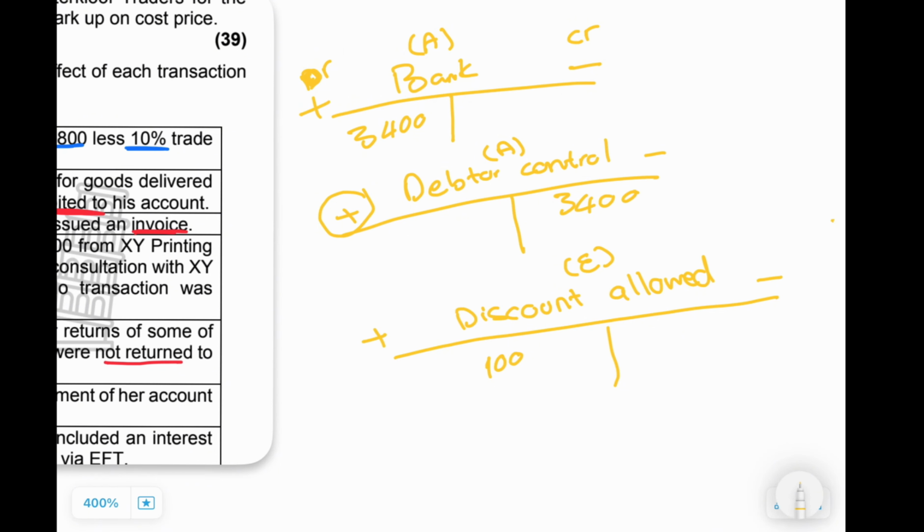So now we are showing that their debtors control has decreased also by 100 rands, but this 100 rands is for the discount. So in total, you can see that we are saying our debtors have decreased by 3,500, which means that is the initial amount that was owed to us. If you need any clarity, drop the questions down below. I'm available to answer the questions.